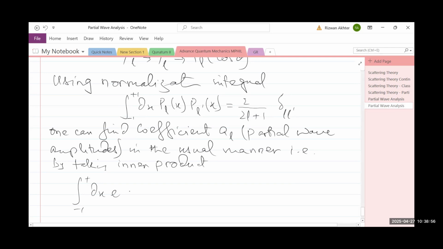And so when you multiply this quantity, जो आपके पास आएगा, and using the normalization integral, so this would be iota k r P l of x, P l of cos of theta, and this would be equal to a sub l j l of k r into 2 upon 2l plus 1.